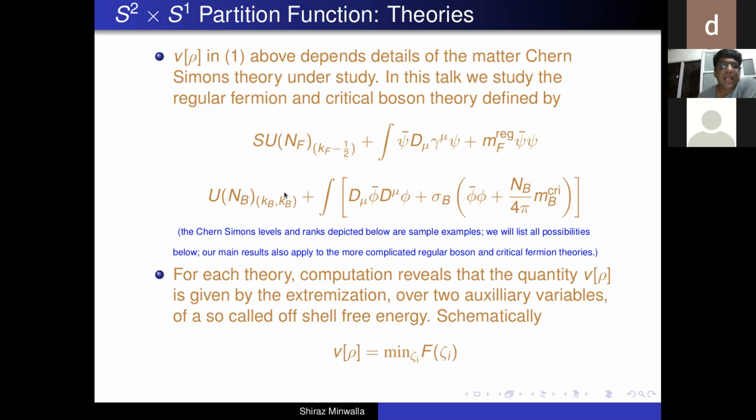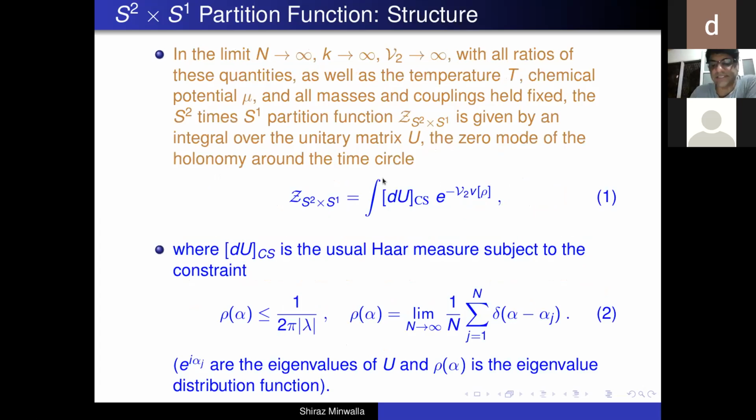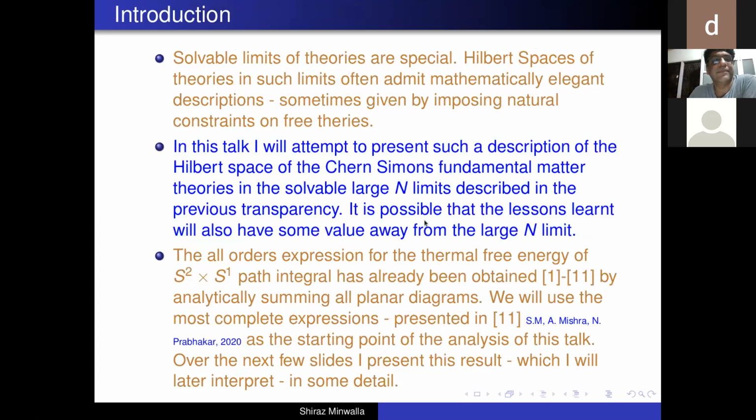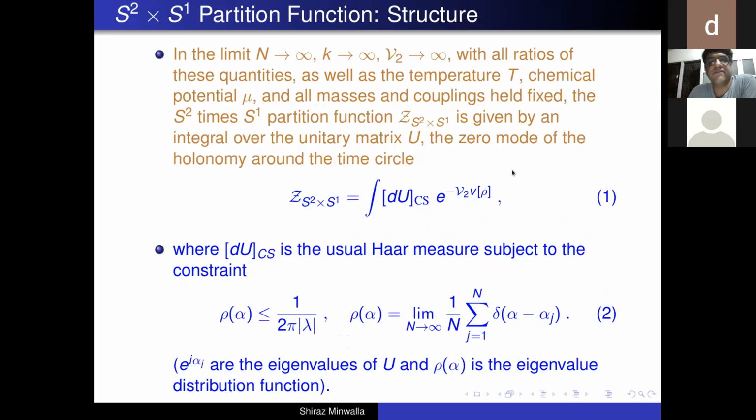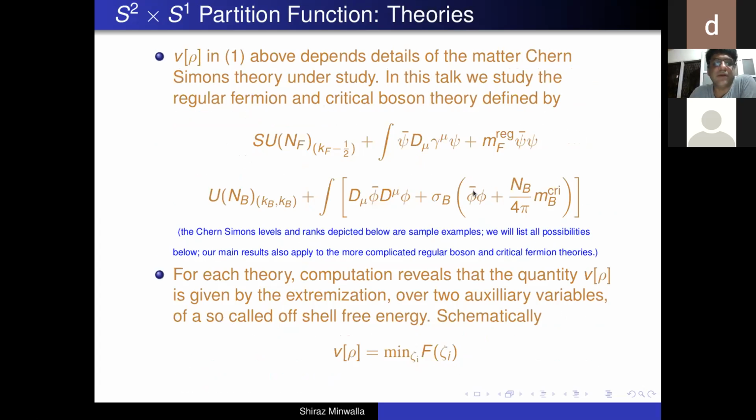Okay. For each of these theories, explicit computation gives us what precisely this V rho function is, and I'm now going to present these functions. For each of these theories, we find that V rho takes a particular form. Remember, rho is the eigenvalue density function.